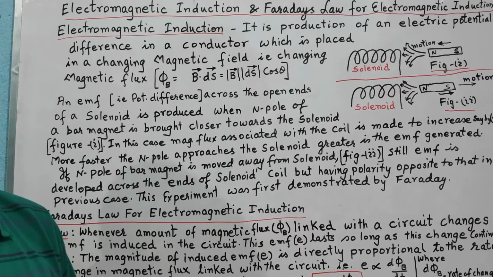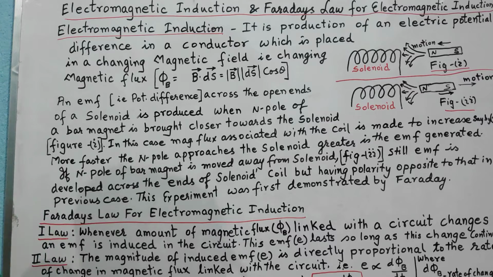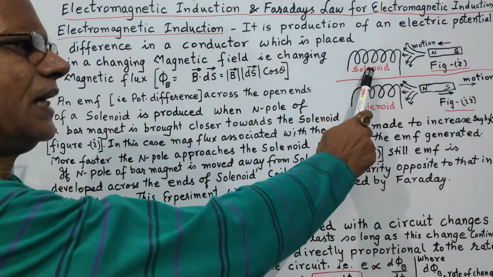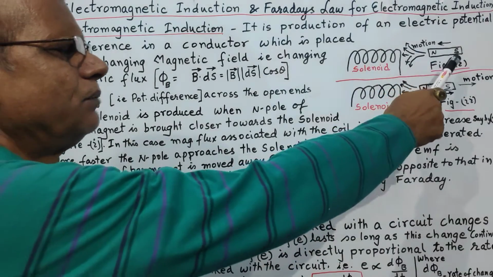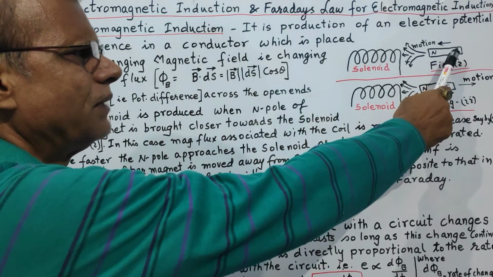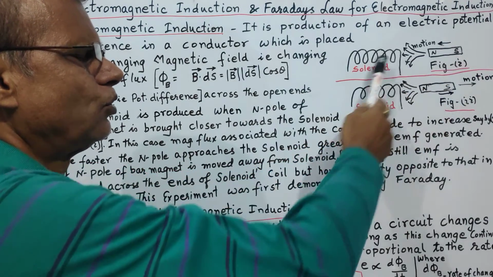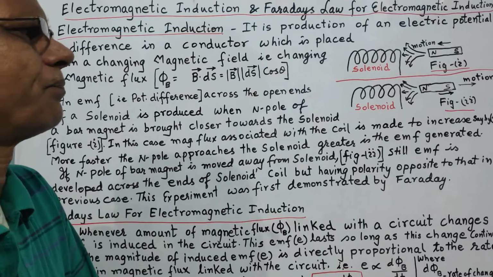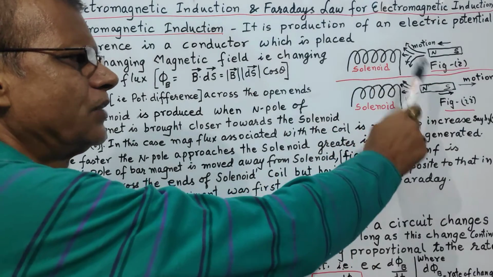Out of so many possibilities, we shall talk about two experimental setups. In this, we have a solenoid and we bring the north pole of a bar magnet closer towards the solenoid. In this case, what happens?